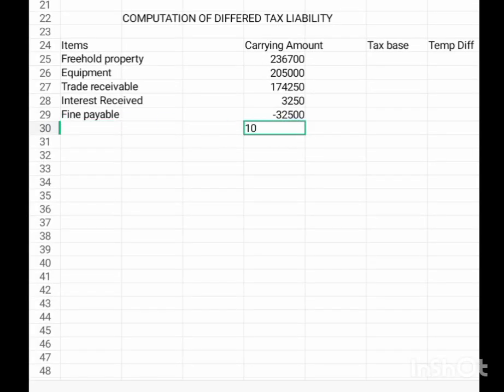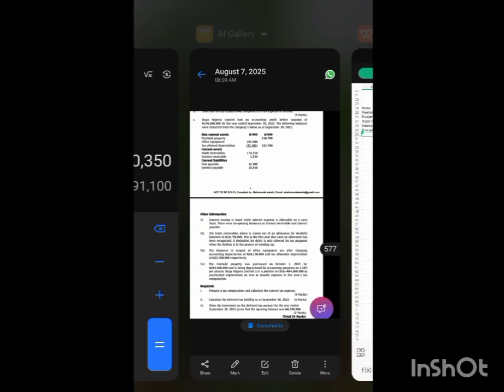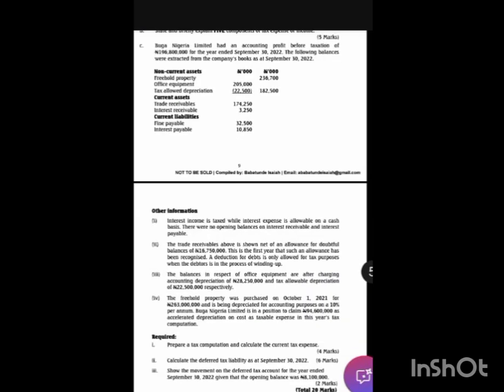Now, the tax base of freehold property. We were told that the freehold property was depreciated at 10%, and then the accelerated depreciation, that is the taxable depreciation, is actually 94,600,000.